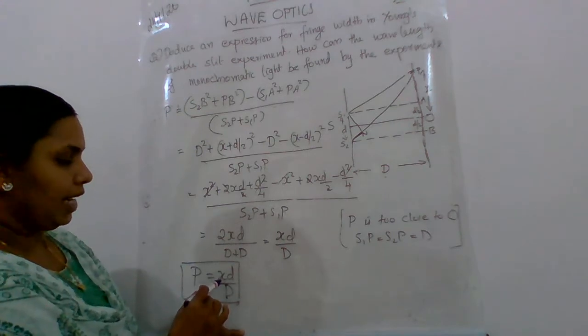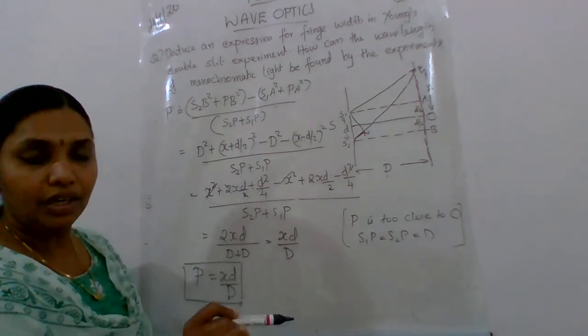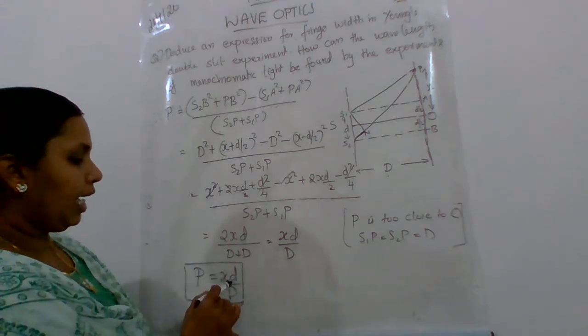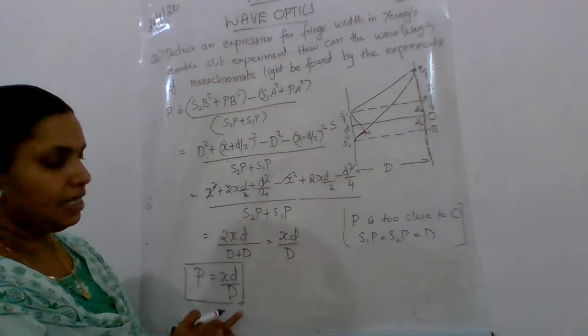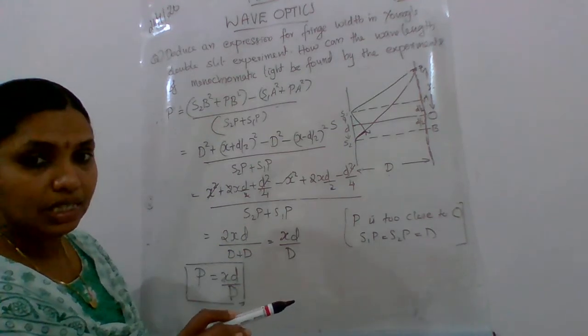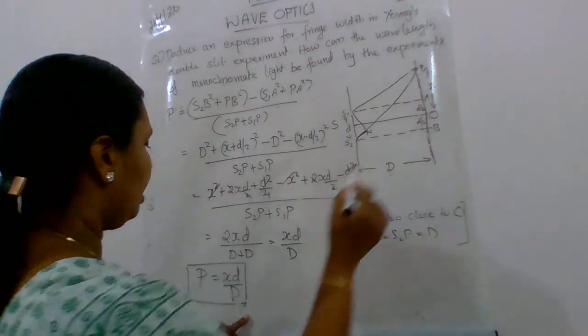It depends upon x. What is x? x is the distance between the center of the screen and the point which we are considering. And small d is the distance between the slits, and capital D is the distance between the slit and the screen.